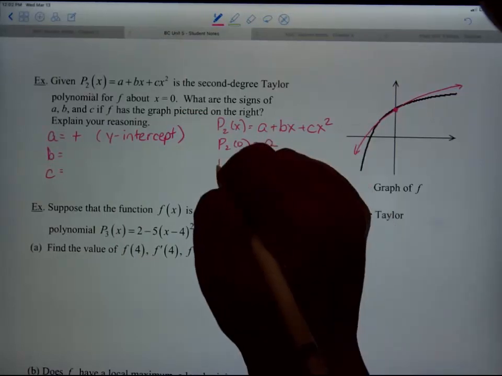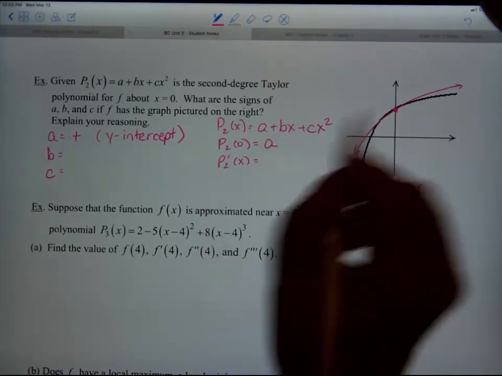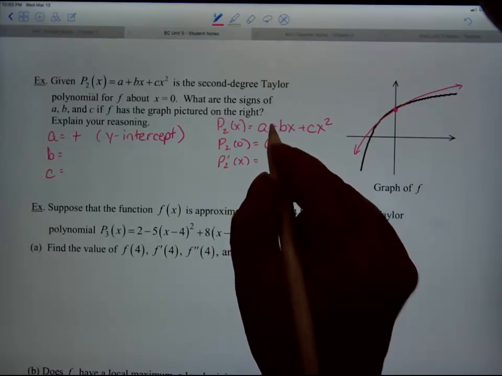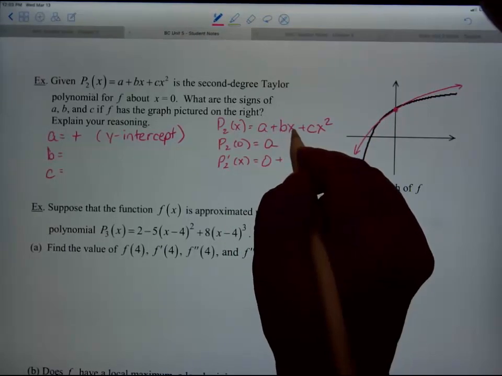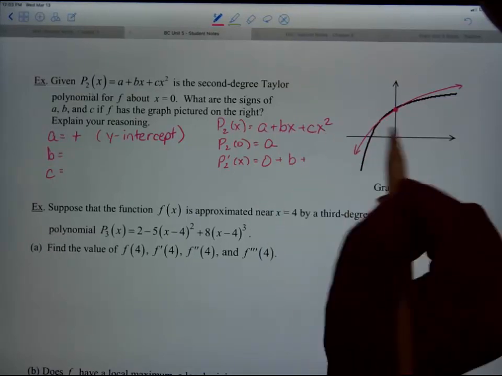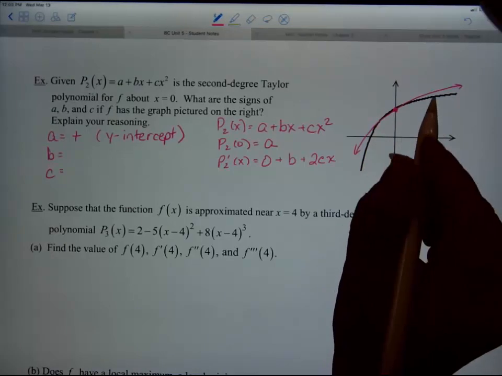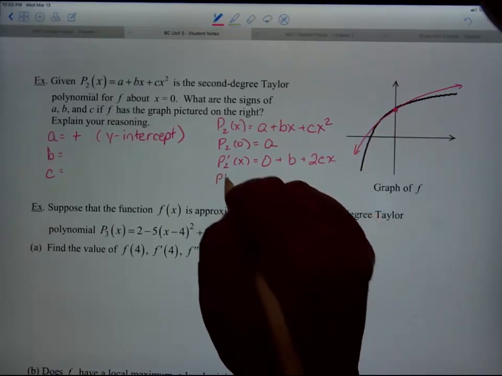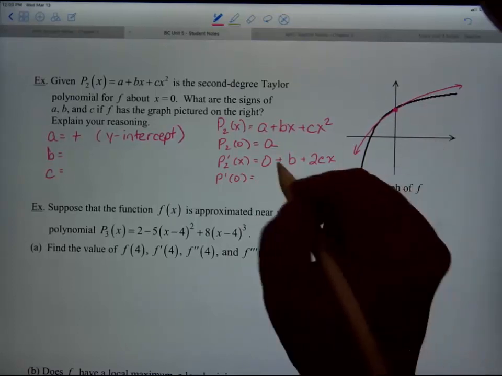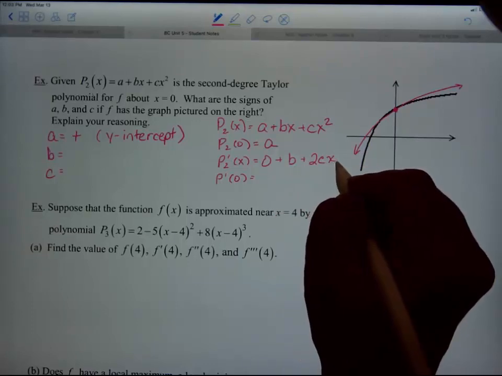Now, let's take a look at the derivative of this thing. P prime 2 of x equals, what's the derivative of just an a if it's a constant? 0. What's the derivative of bx? B. And what's the derivative of cx squared? 2cx, right? Because the c is a constant. Now, if I plug in 0, what am I going to get? 0 plus b plus 0.